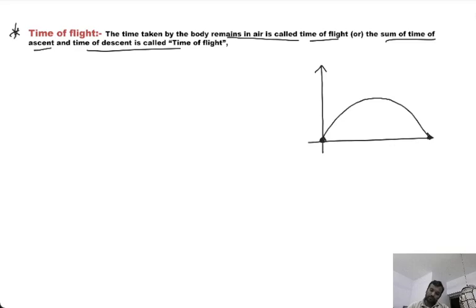This place to this place is the time of ascent, and this place to this place is the time of descent. This is the maximum height.